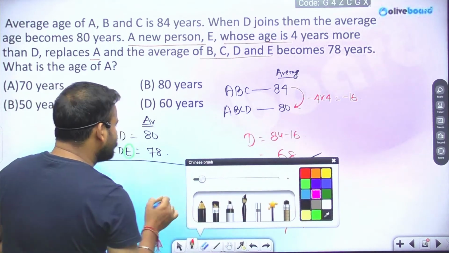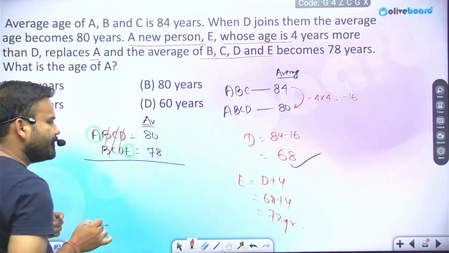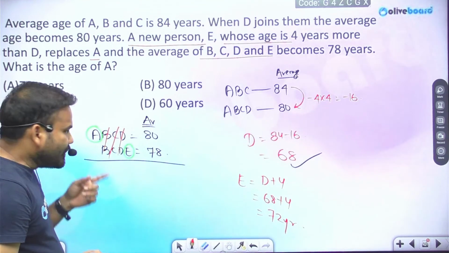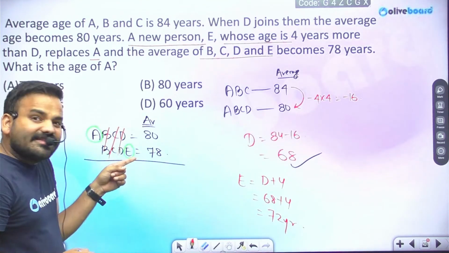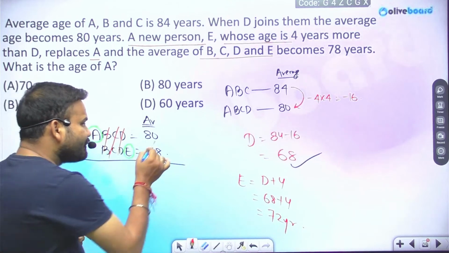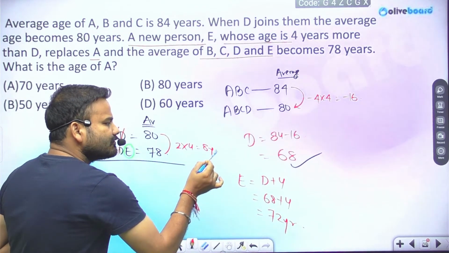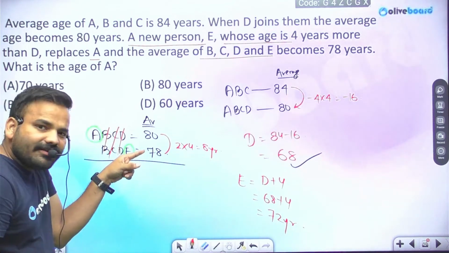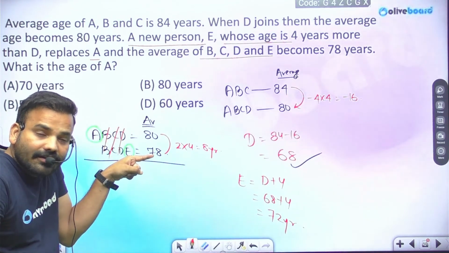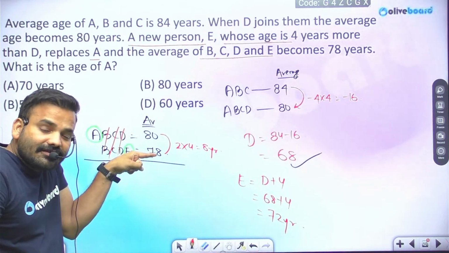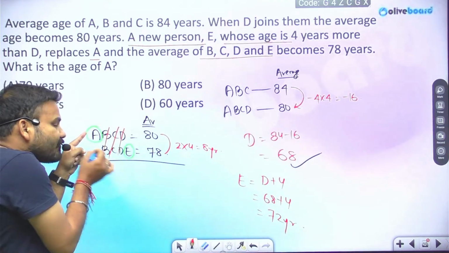So who is deviating the answer? BCD is constant, so A and E have a difference. And what is the difference? The difference is 2, and that 2 for 4 members is 8 years. So what you did over here, the average reduces by 2 years. That means A and E are not of the same age.